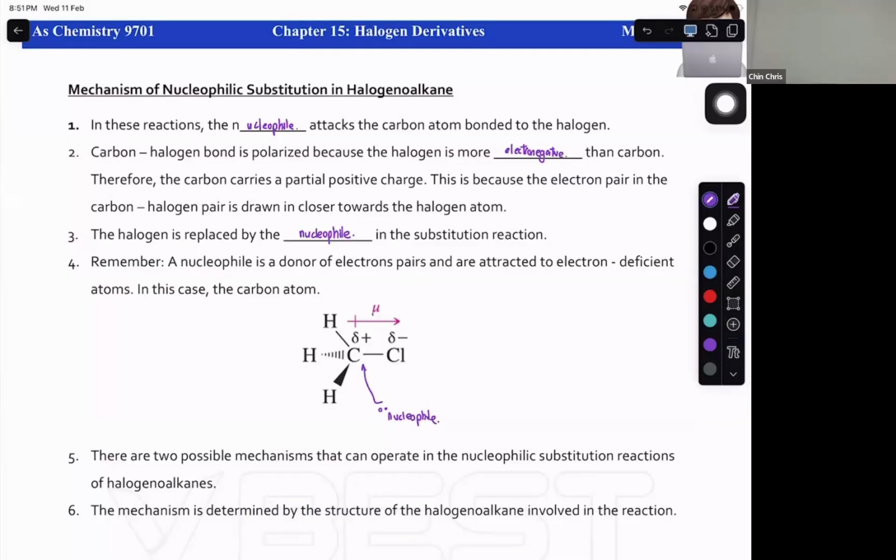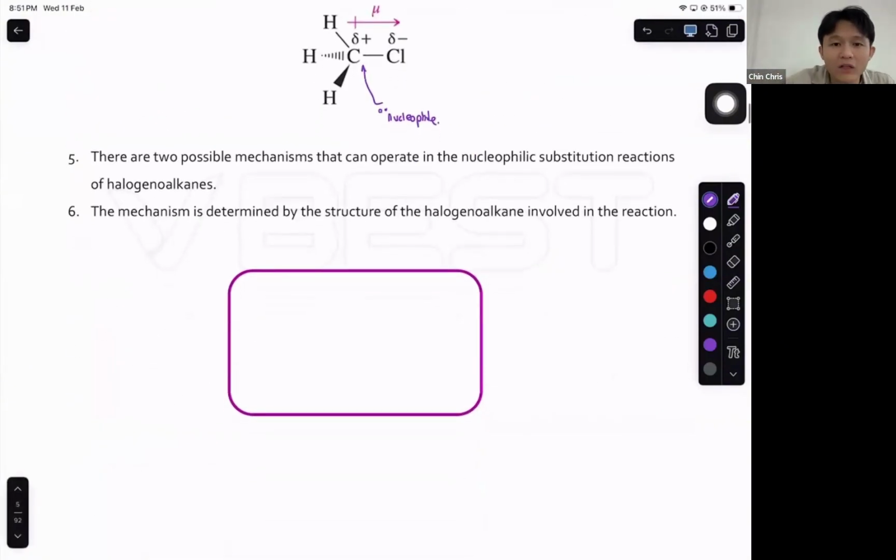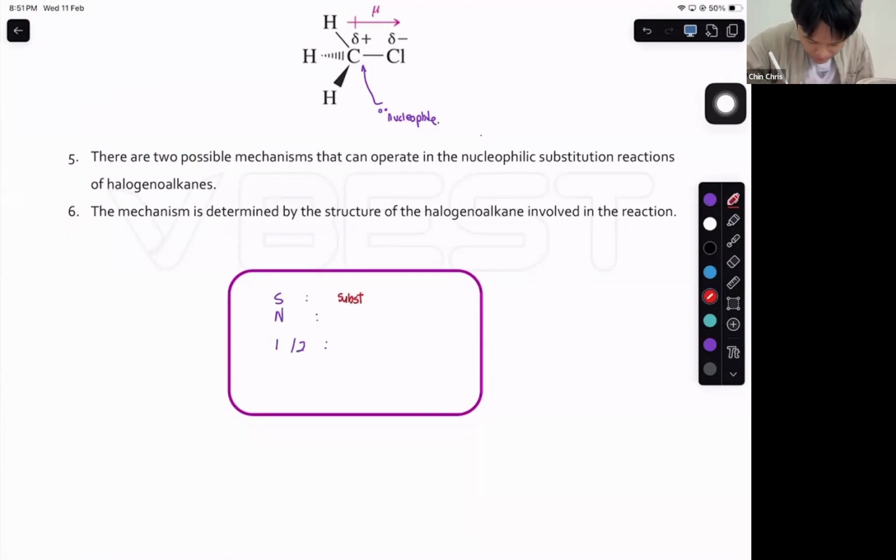So let's look at nucleophilic substitution. Basically, there are two mechanisms for nucleophilic substitution. We call them SN1 or SN2. S stands for substitution. N stands for nucleophile. First order or second order.